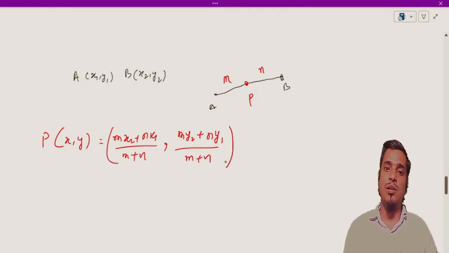This is the internal section formula we discussed in the last class.